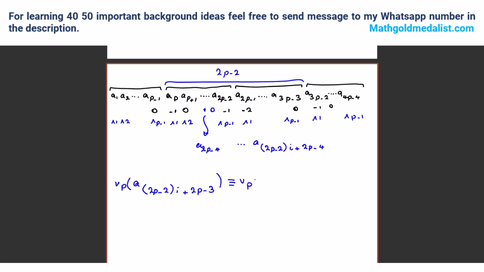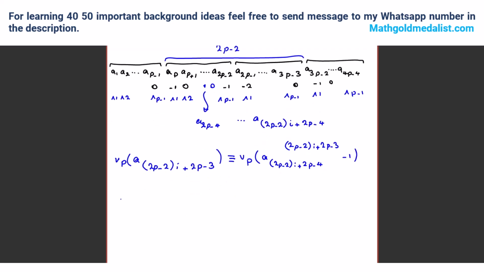VP of A 2p minus 2i plus 2p minus 4 to the power of 2p minus 2 by assumption of the problem plus 2p minus 3 minus 1. Now we can apply LTE because this is 1 mod p. By induction you can prove, and we proved this in previous part. Then because it is 1, this minus 1 is divisible by p, and this one are not multiple of p.